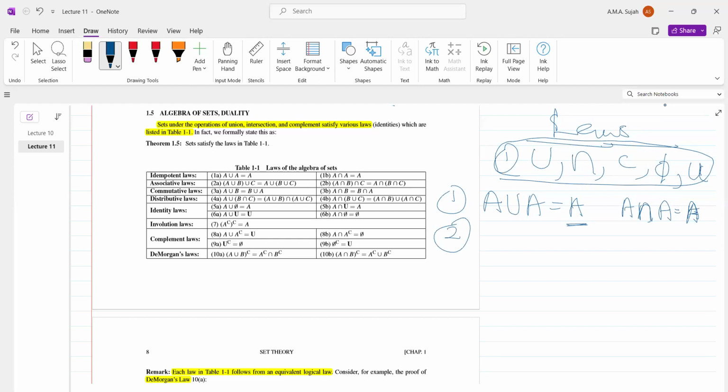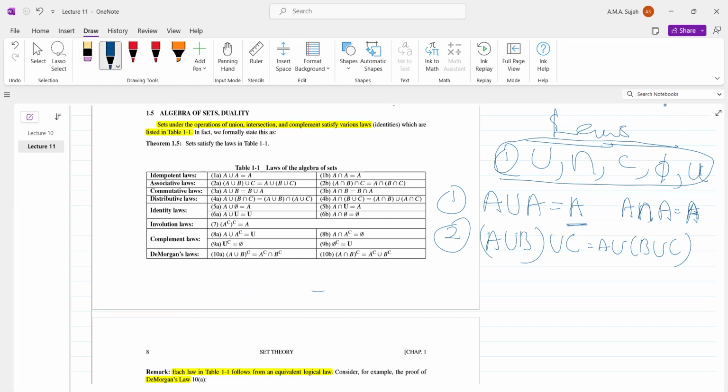Associative law means (A union B) union C is equal to A union (B union C). This is similar to (1 plus 2) plus 3 is equal to 1 plus (2 plus 3), right? The same idea we discussed as a law in the number system, here we are using in set theory.